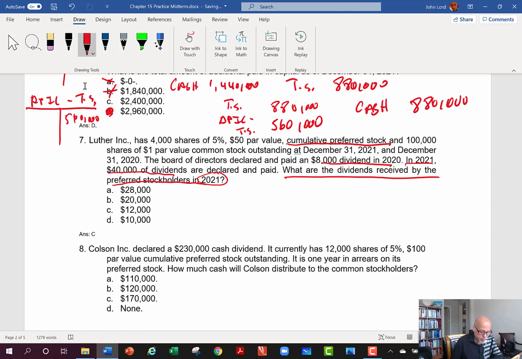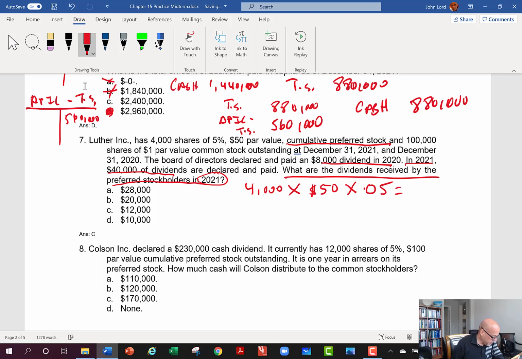So how much is going to be received by the preferred shareholders in the second year of this 2-year sequence? Well, first off, let's remember how to calculate these. It's 4,000 times the $50 per share, and then we multiply that by the preferred rate, which is 5%.